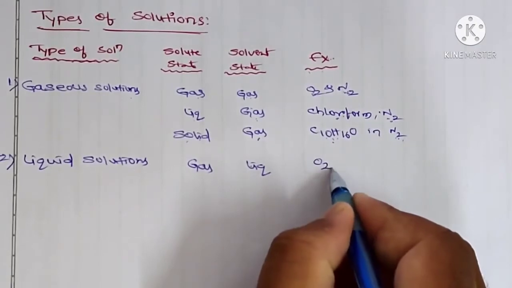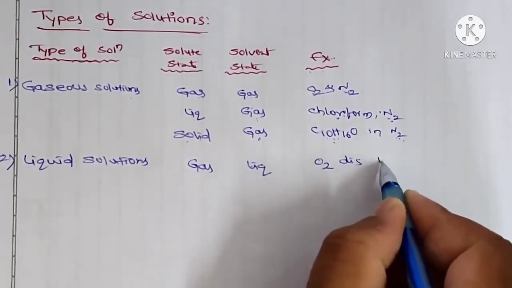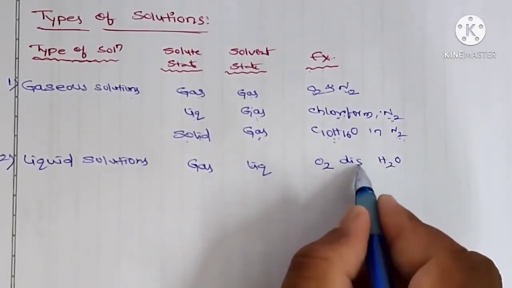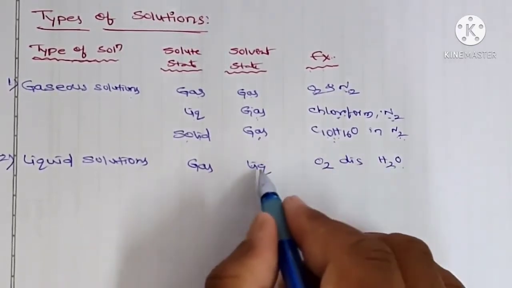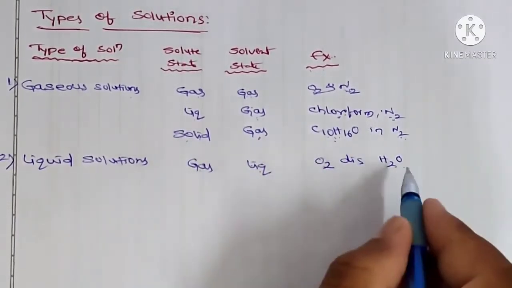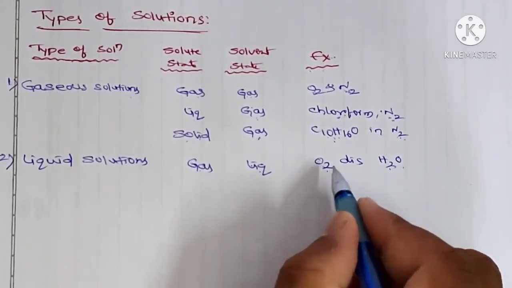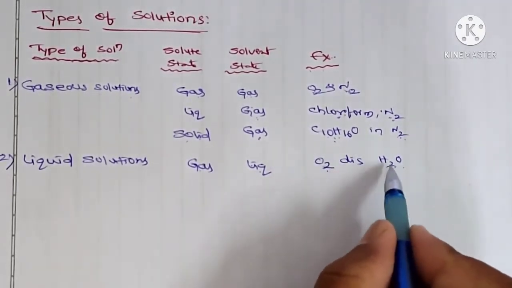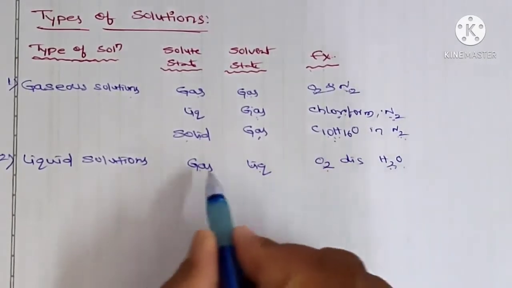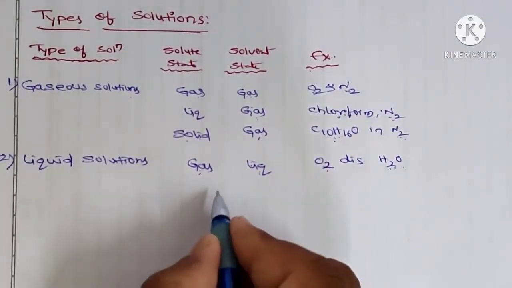Example O2. O2 gas dissolved in water. Water is a solvent and O2 is a solute. So water large amount and O2 less amount. So O2 dissolved in H2O. So gas in liquid.